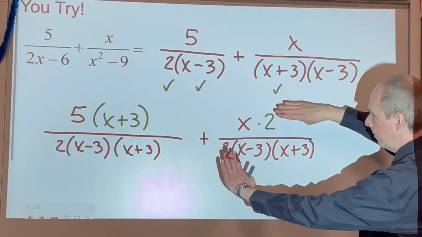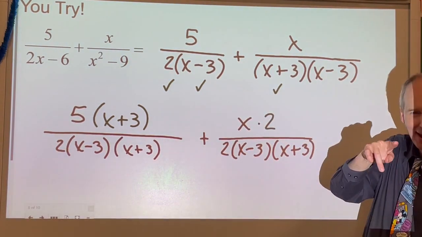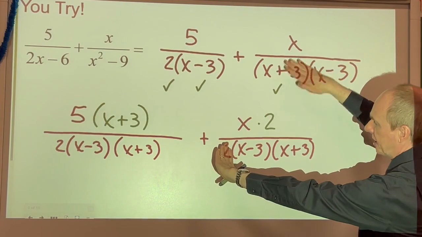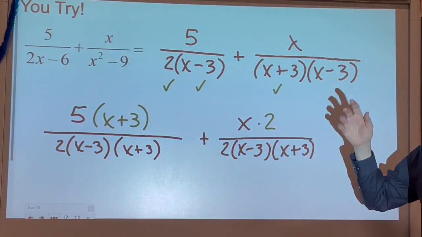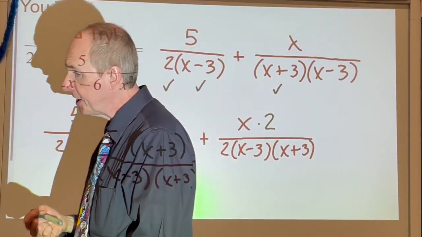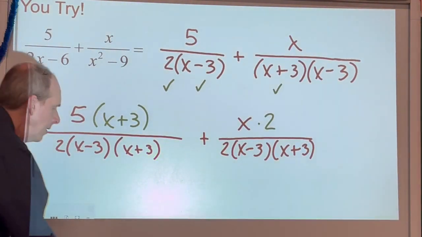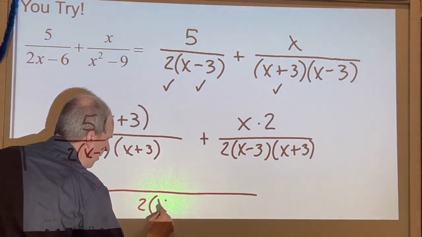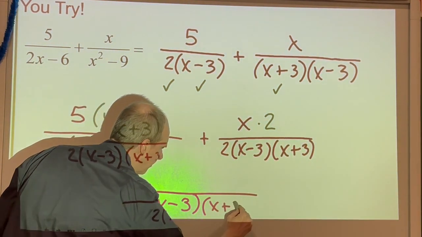If you cover up your 2's, you'll see it's the same thing you started with. It's okay that x plus 3, x minus 3 are backwards. Same thing. When you multiply, 2 times 3 is the same thing as 3 times 2. You can switch the order when you multiply. We have a common denominator. We'll leave the common denominator alone for now. X minus 3, x plus 3.